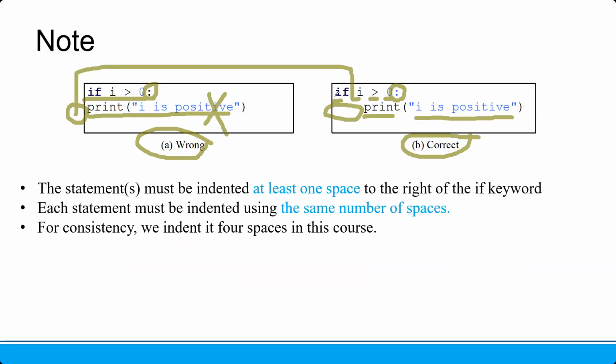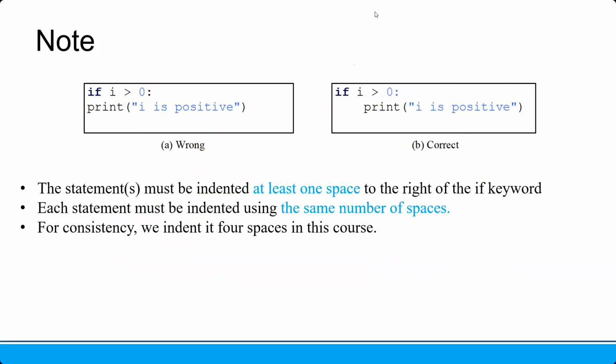Whenever you use if, you need to put space for the next statement if the condition is true. The statement must be indented at least one space to the right of the if keyword. Okay, so at least one.